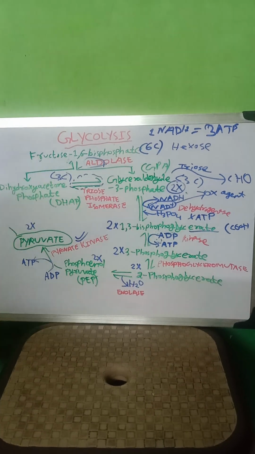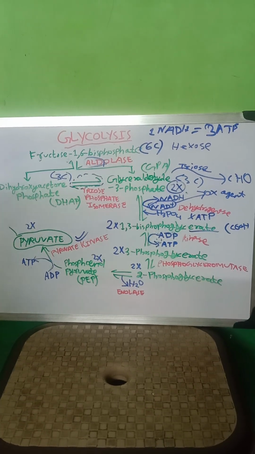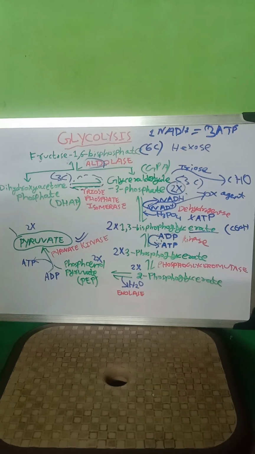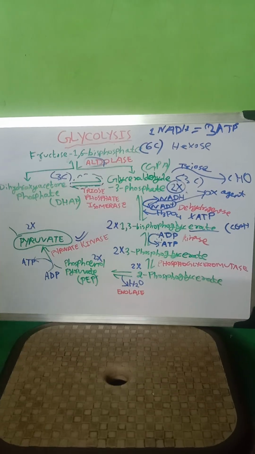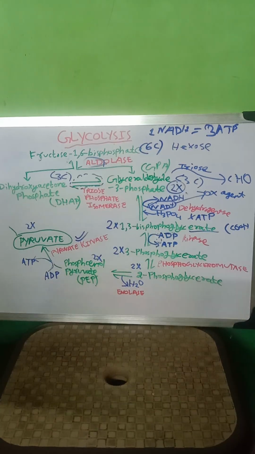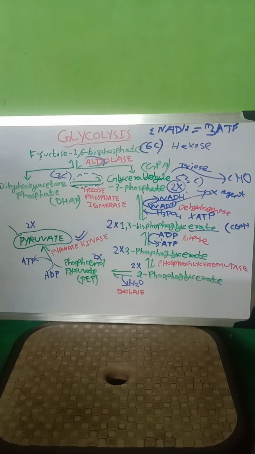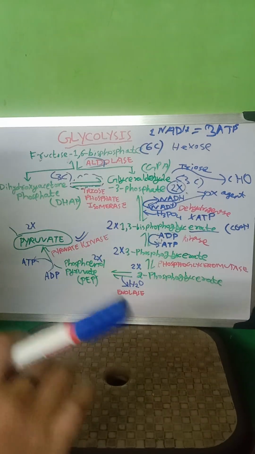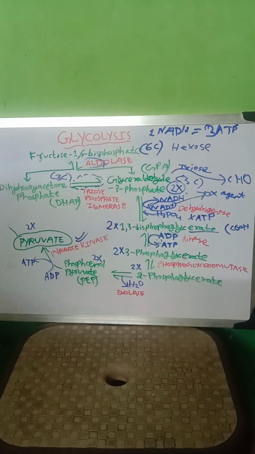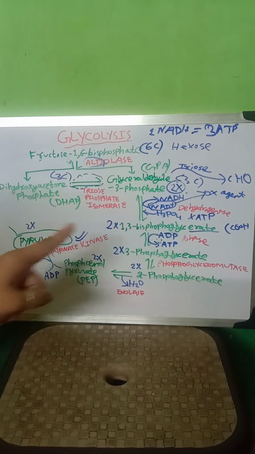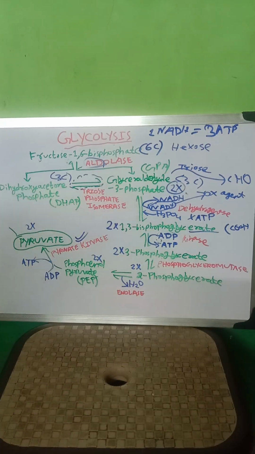But we had used 2 ATP before, which means to get a net amount of 2 ATP, we need to gain 4 ATPs. I'm not explaining the calculation right now, but if you keep this knowledge in mind, you will be able to understand it better when I explain this calculation.